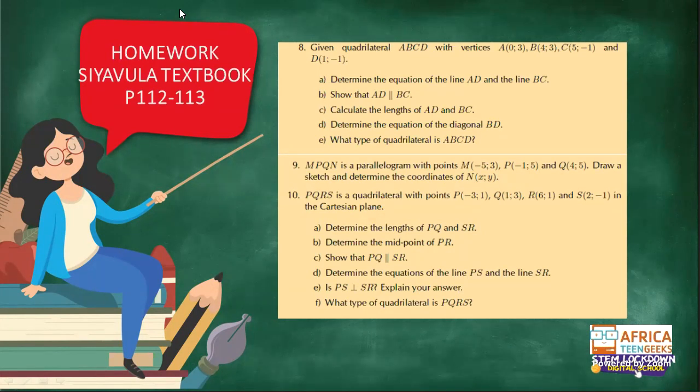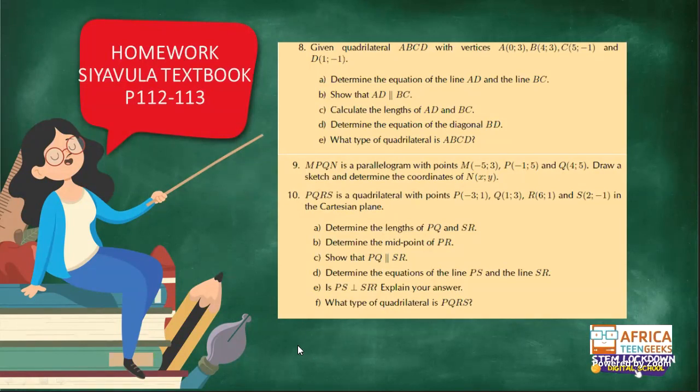So your homework is from the SIYAVULA textbook, and it's just to practice what we've been doing this week. And remember, for example in number 8, you are given that ABCD is a quadrilateral, so you don't know which quadrilateral it is. For example, at E, they ask you what quadrilateral it is. So you don't use properties of a quadrilateral until you know what it is. Okay.